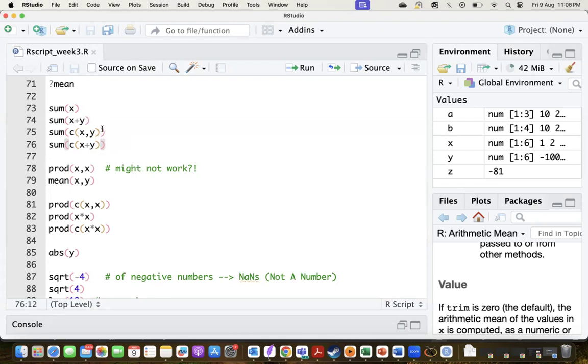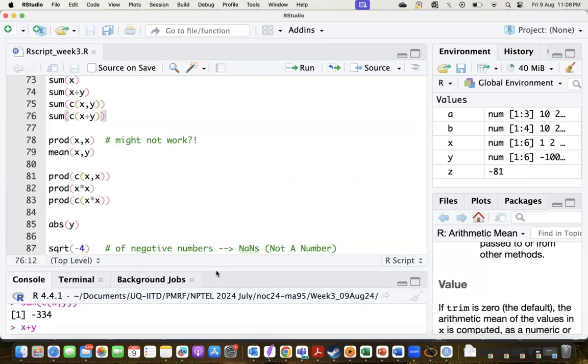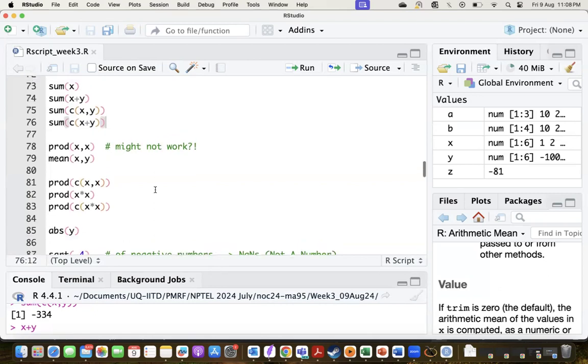How is R going to understand? You manually try to see, okay, it's adding x plus y first, or it's making a vector and then summing up. And if you get the same answer from R as well, then you know that what you understood is correct. All right, I think the confusing bit is over.